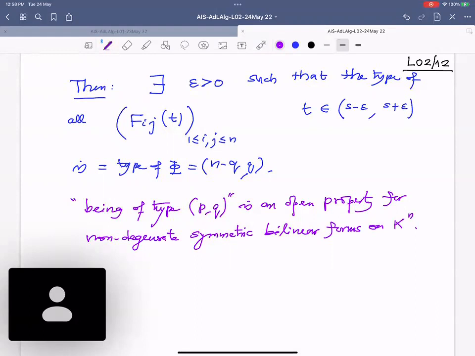Don't worry about the proof. Just worry about the statements, whether you understand the meaning of that statement.